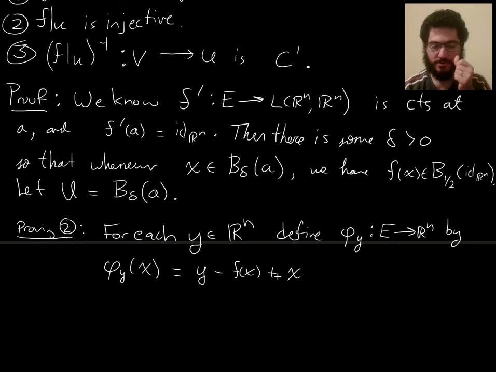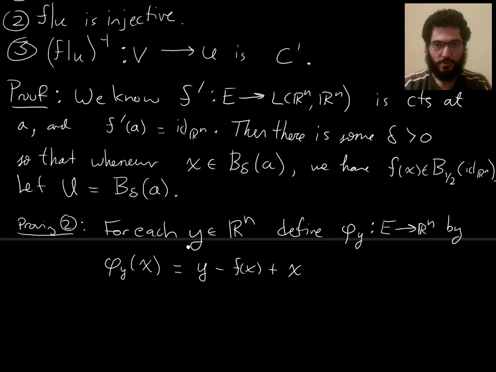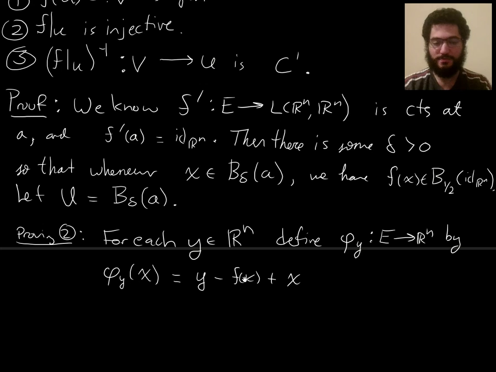It's one of these typical things that you would apply a fixed point theorem to, like our contraction mapping theorem. So it's not too unfamiliar, I hope, to see x minus f of x. But for some reason, we're shifting it by y. As you change y, you're looking at different ones of these x minus f of x functions, each one shifted by y.